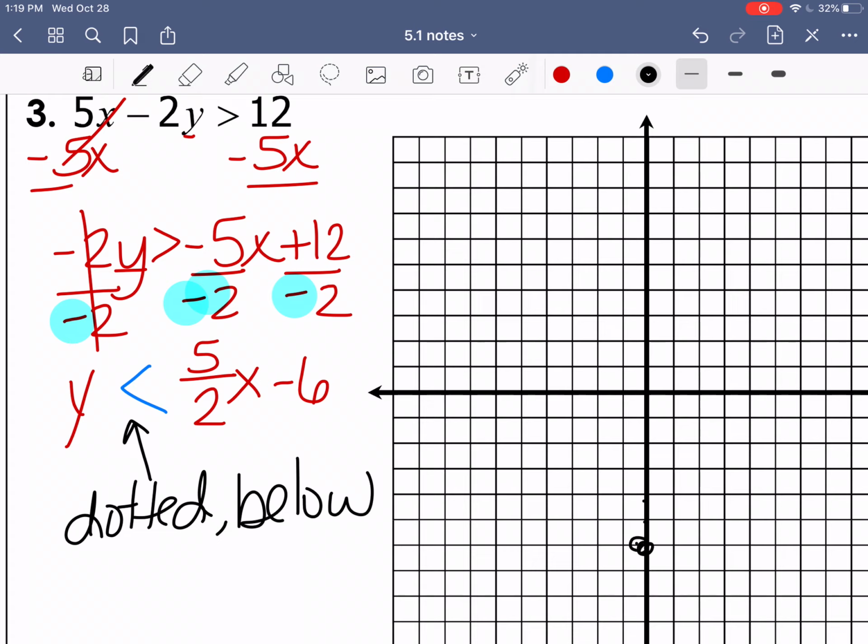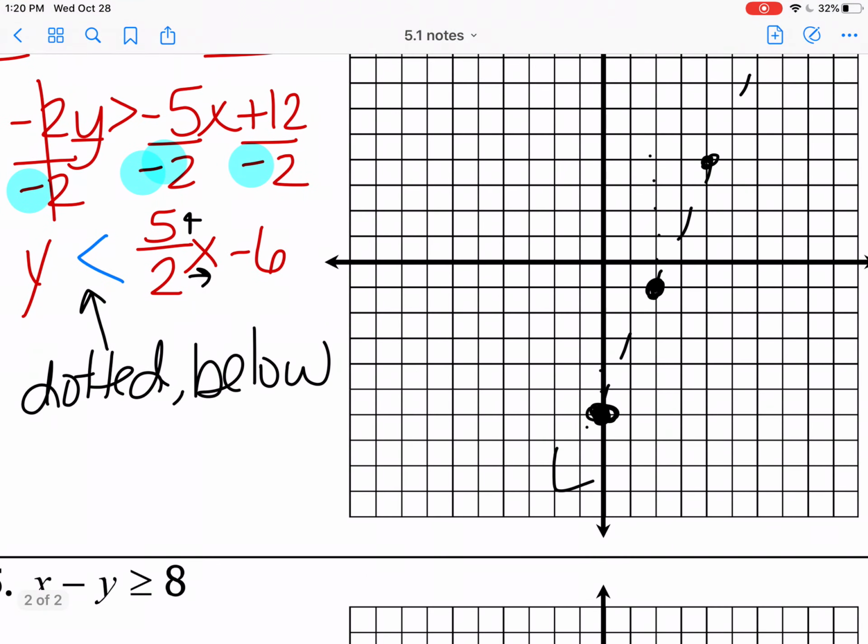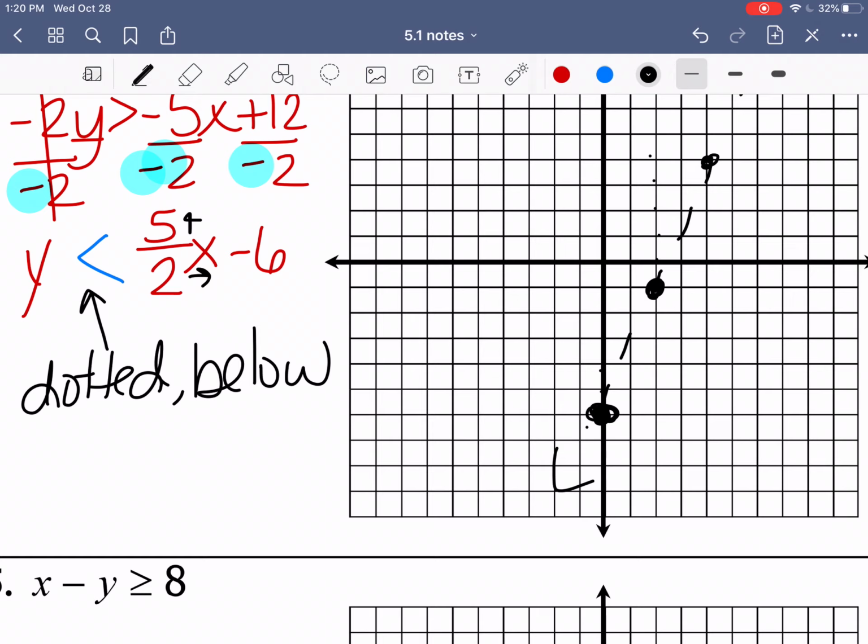So we find -6 on the y and climb up 5 to the right 2. And so I said dotted. So I just made a little bit of a mistake.